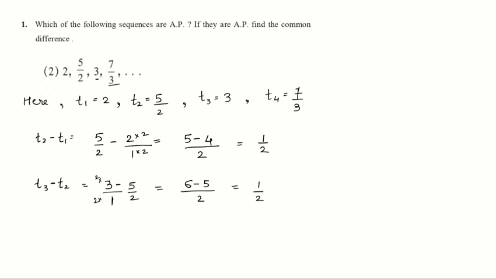Now let us find T4 minus T3. What is T4? That is 7 upon 3 minus T3, which is 3. Here as we have 3 in the denominator, we will multiply this denominator by 3 and the numerator by 3.